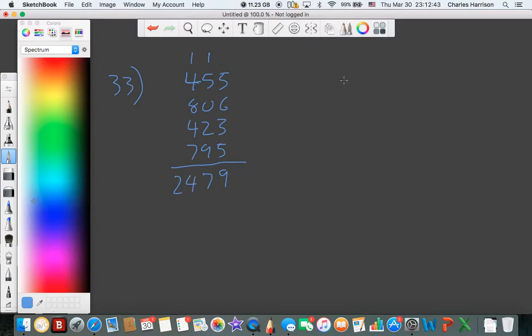So currently we have, not 24,000, we have 2,479 meters. That's the perimeter, okay?